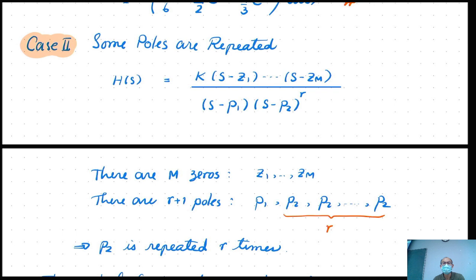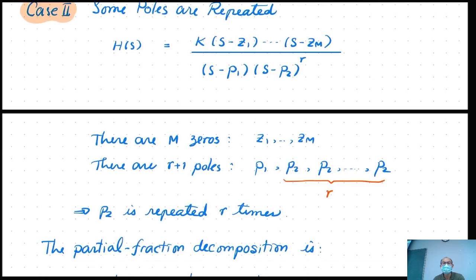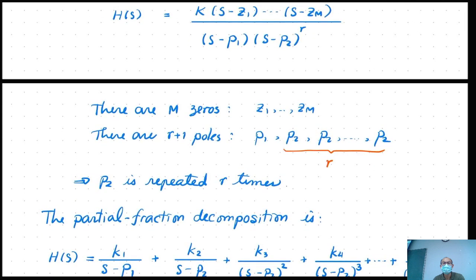In this case, P1 is the one pole that is distinct from the rest, while P2 is repeated r times. What I mean by repeated poles is that in this case there are r plus 1 poles: the first pole is P1, and then there are r P2s.